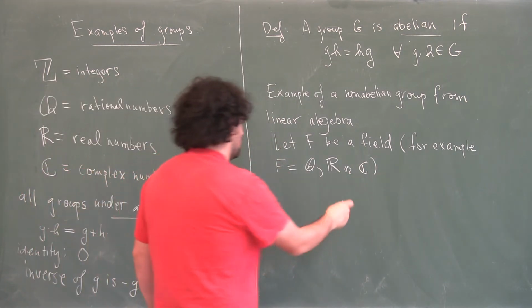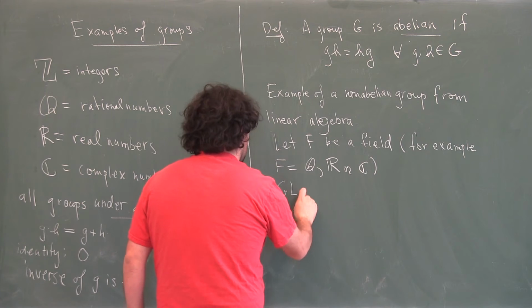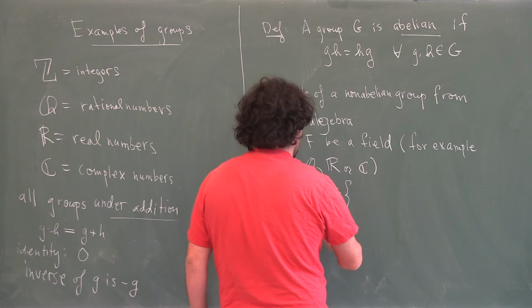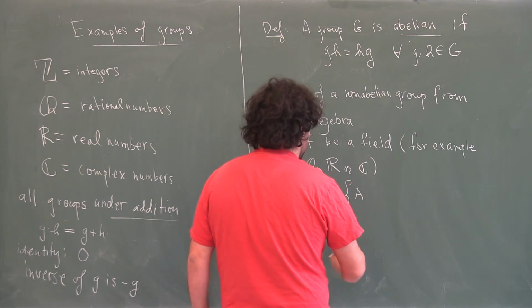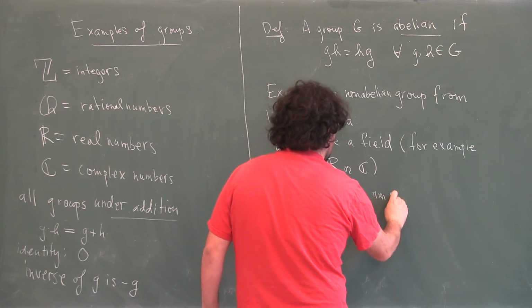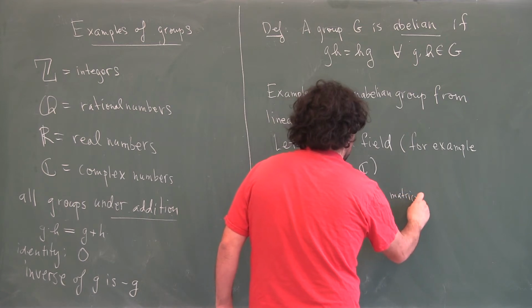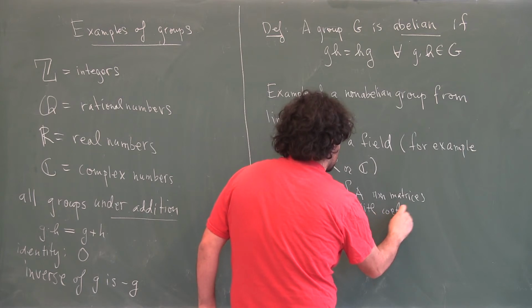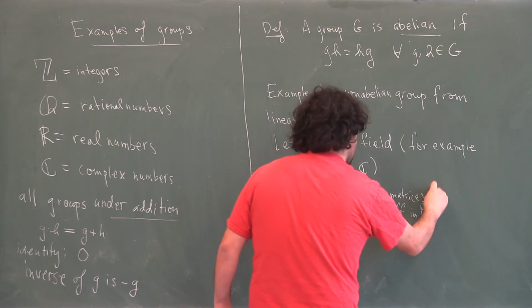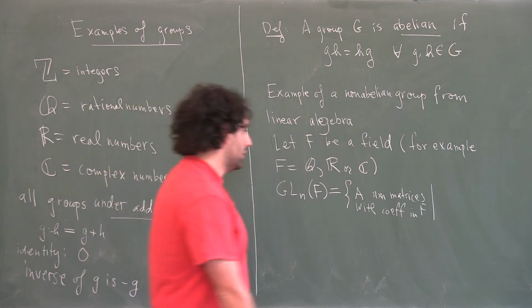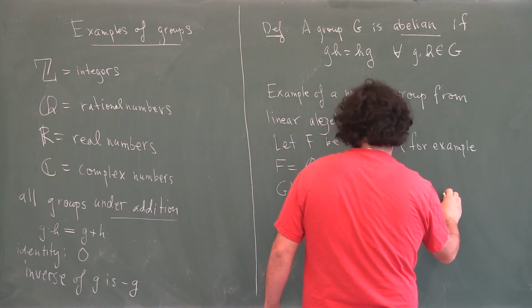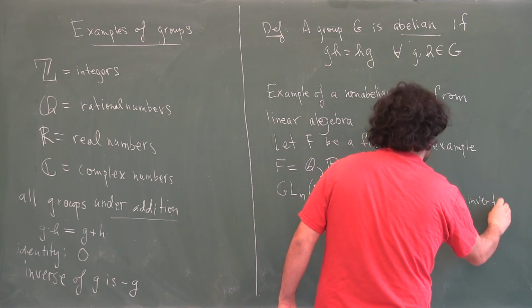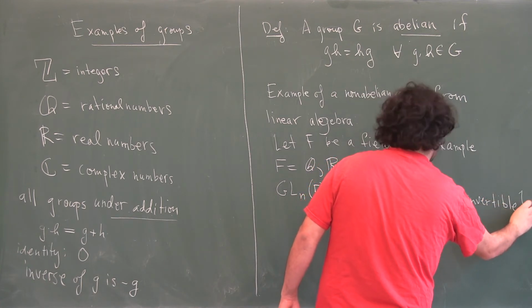Okay, then GLN of F, this is by definition the set of n by n matrices with coefficients in F such that A is invertible.